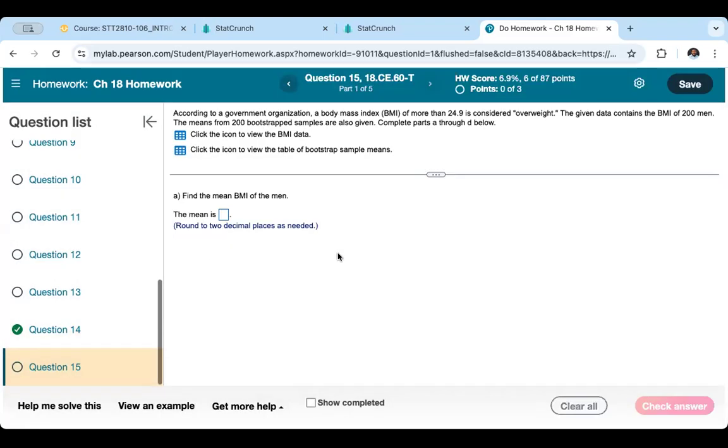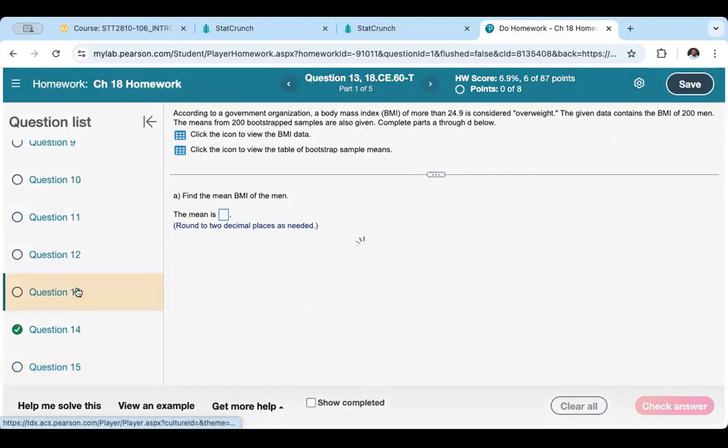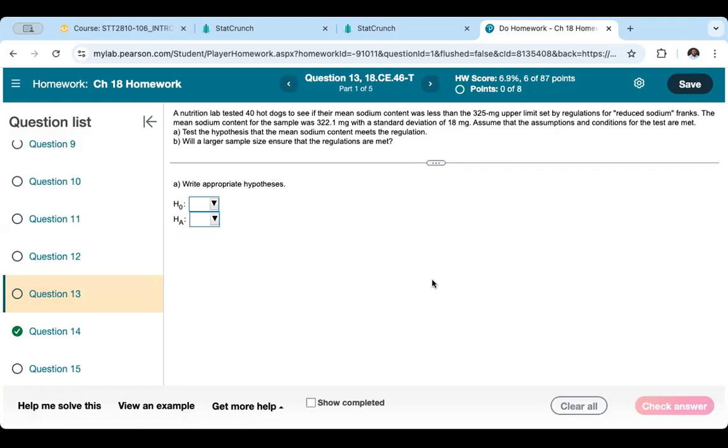And then let's get to 13. So 13, who is going to help us with the hypothesis? What is the mu naught?